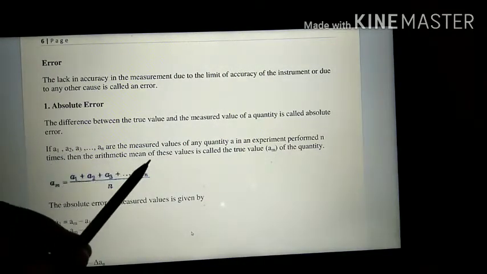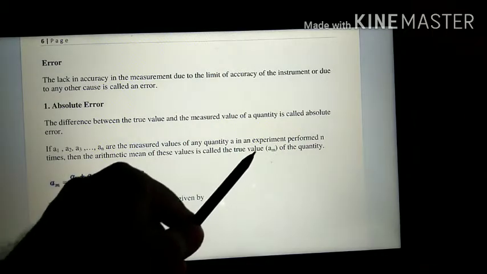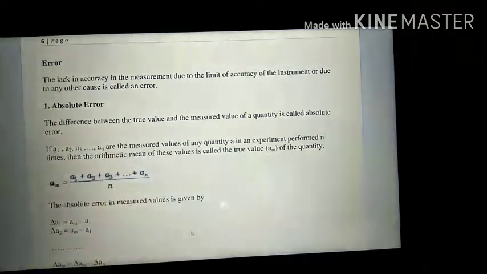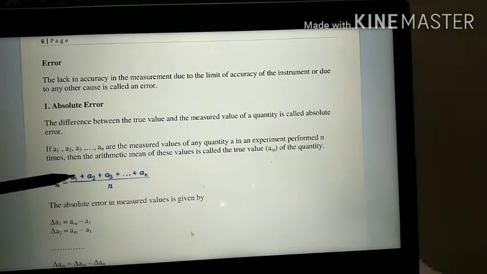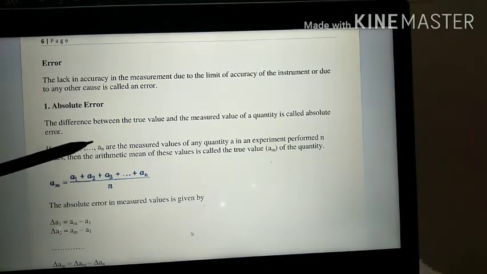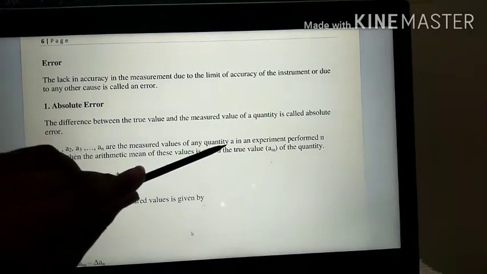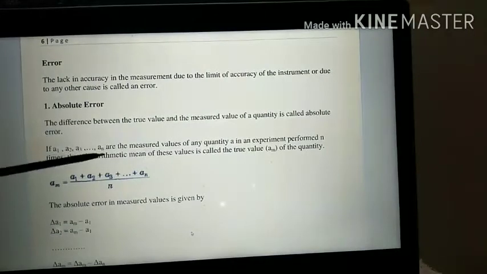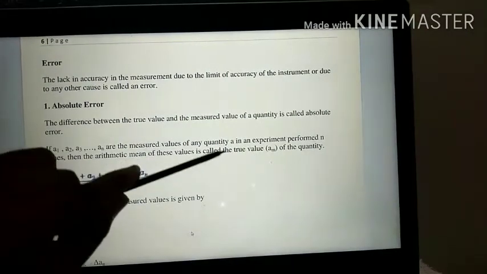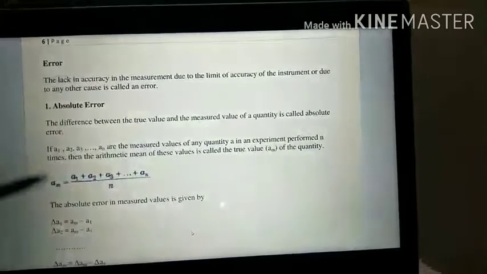Then the arithmetic mean of these values is called the true value am of this quantity, so am is the summation of a1 plus a2 plus a3 up to an, divided by n.